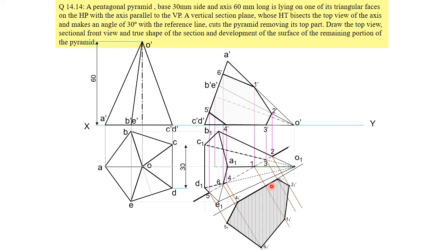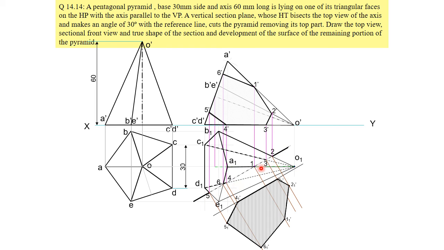So for the true shape of the section, we need one plane parallel to the cutting plane. You can see over here, draw verticals from each cutting point, 5, 4, 6, 4, 1, 3, 2.